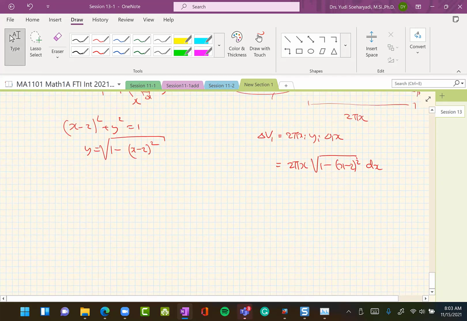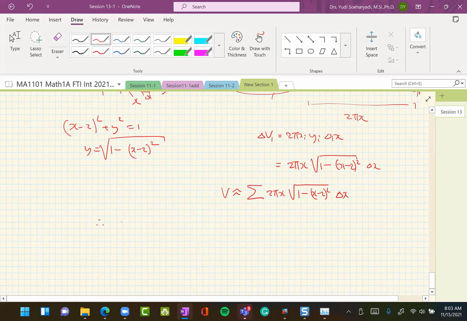So then it's now easy to find the formula. So V is the sum. Oh, sorry, it's not dx but delta x.